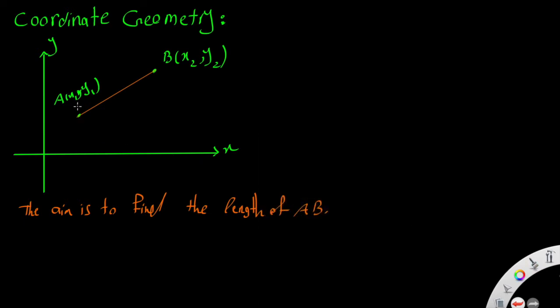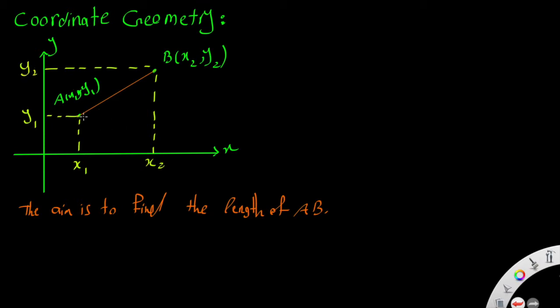As you see here, the x coordinate of point A is x1, so this point will be x1, and this point is obviously y1. Here will be x2, and this point will be y2.